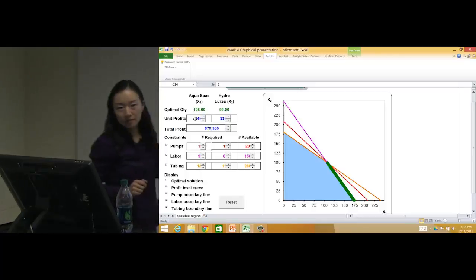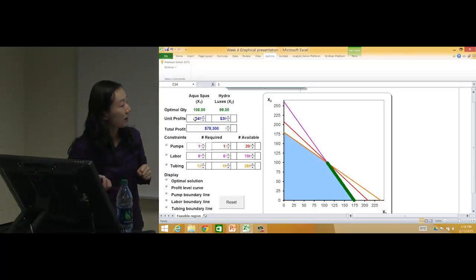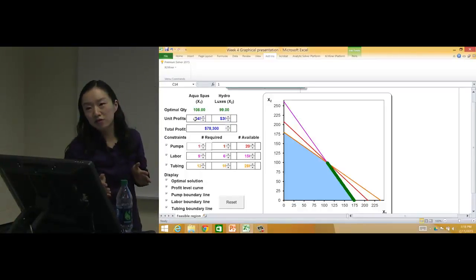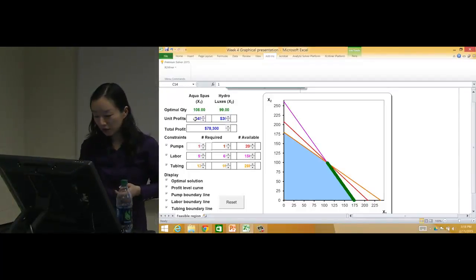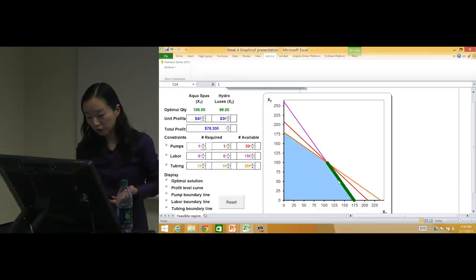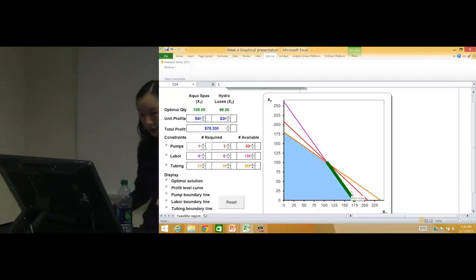Okay, so a 0 here indicates that currently you have alternative solutions. A 0 means if we represent it graphically, all the solutions on this line are the solution. Okay, and just one unit of change will become this point or this point. Is this part clear?